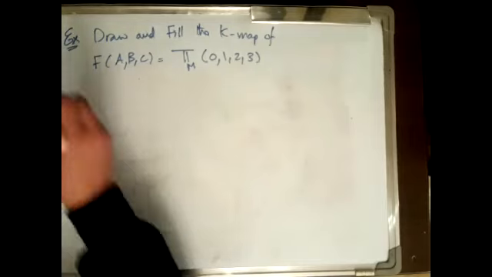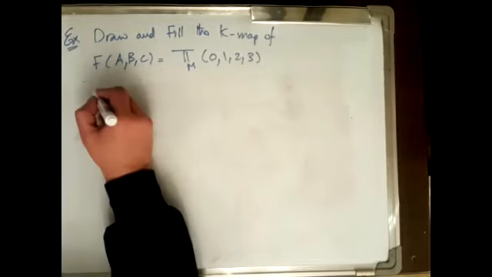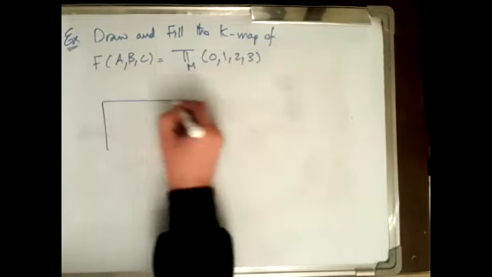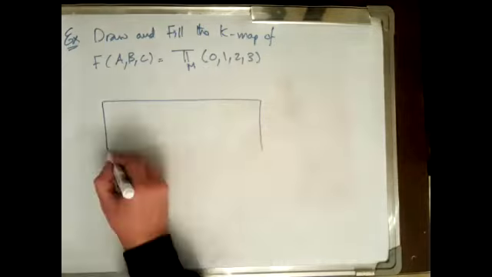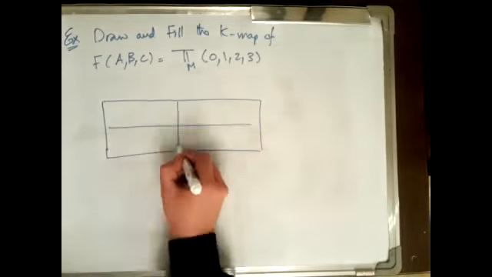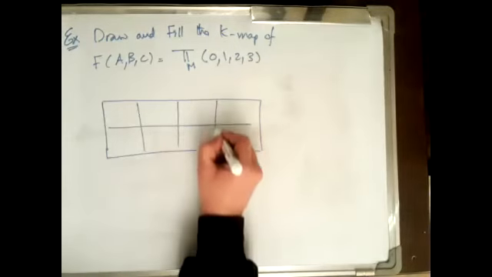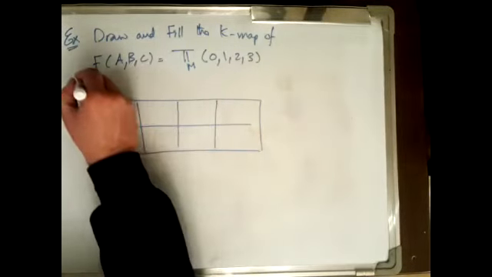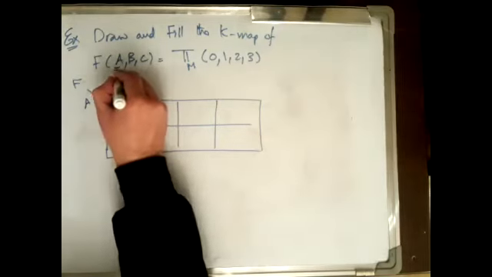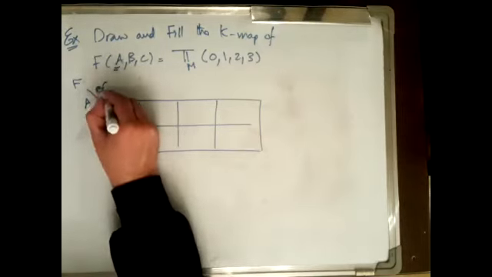So this is a 3-variable K-map, and the variables are A, B, C. So let's draw it. The structure is fixed: 8 squares that correspond to 8 possible minterms. The most significant variable is A, and the rest of the variables are B, C, and the order is important.